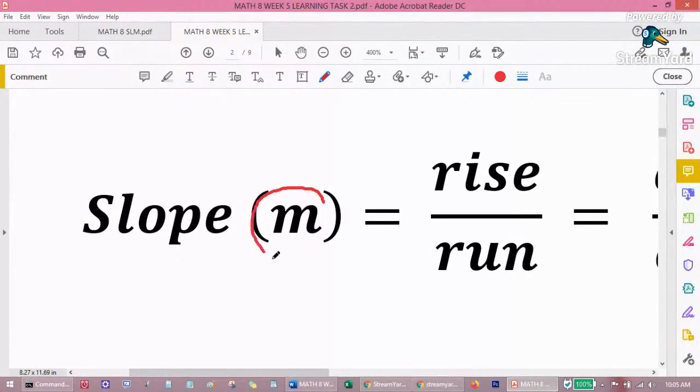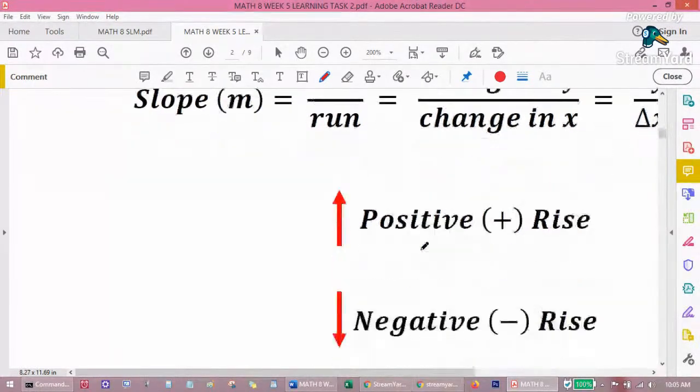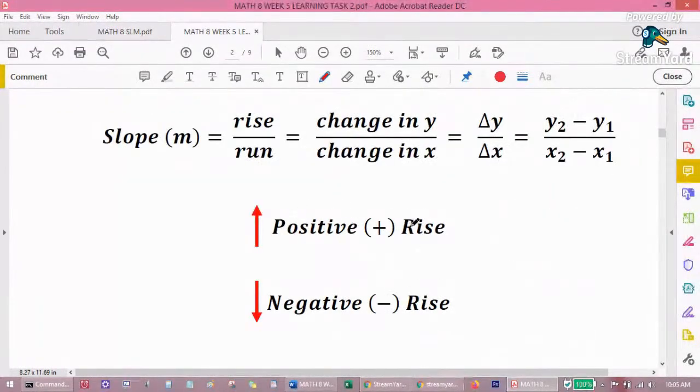So, the slope is computed as the rise over the run. So, ano ba yung rise? Yung rise is, meron tayong positive rise and negative rise. So, yung rise is the change in y.